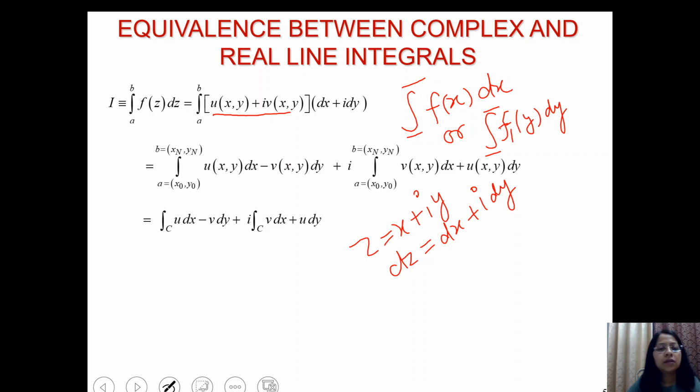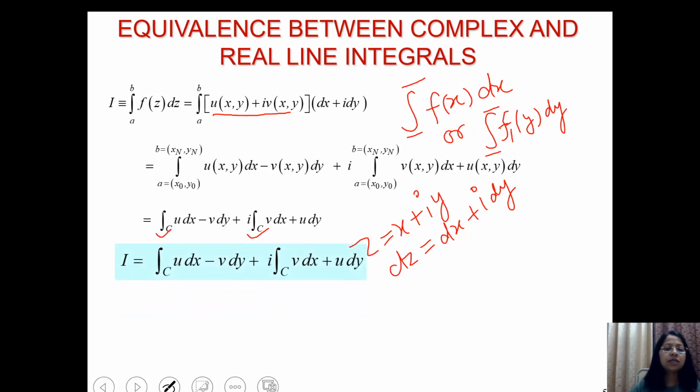According to the variables we will be substituting the limits, right? And of course the integration is being taken over some closed contour C or simply connected domain. So this is our result after collecting the terms. This is the real part of the integration, and this is the imaginary part of the integration.